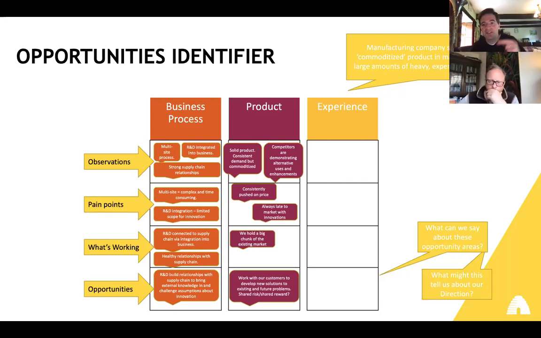But actually, having done this analysis, what we've realized again is we've got solid demand. We've got consistent customers. We hold a big chunk of the existing market at the moment. So we now have an opportunity to work with our customers rather than going off and doing something over here and then saying to our customers, here's what we've done. Do you want it? We can say to them, right, work with us to develop potential solutions for the future.